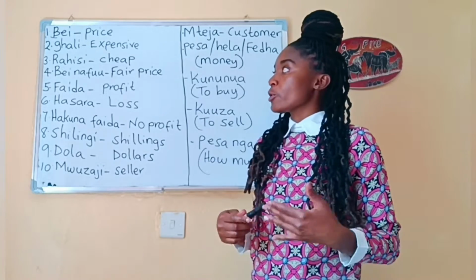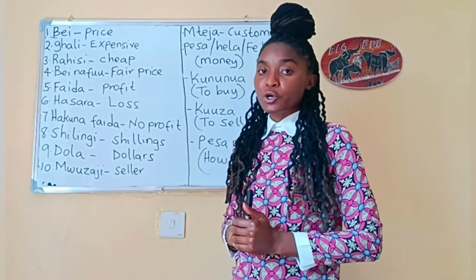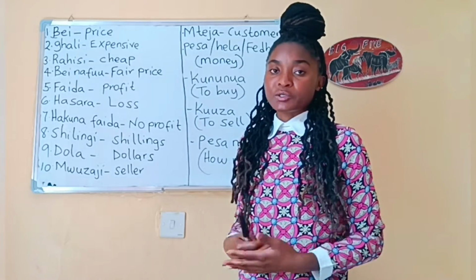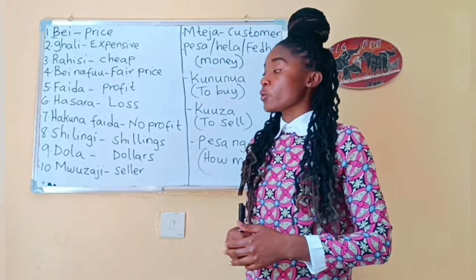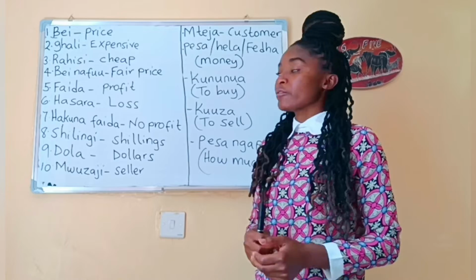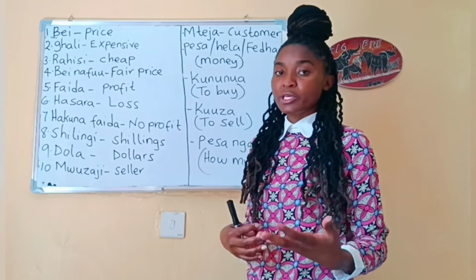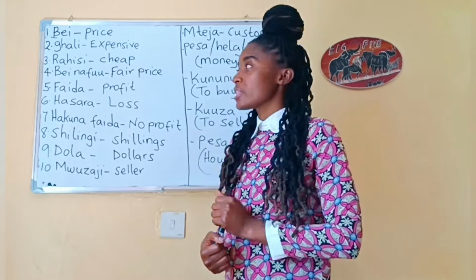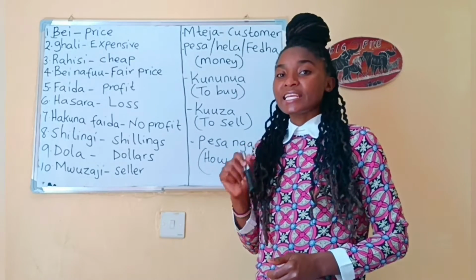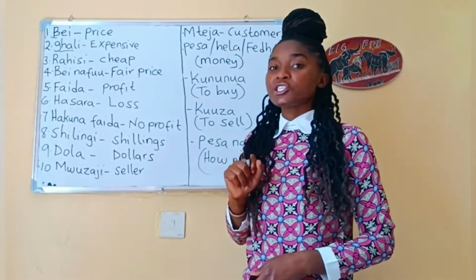So bei is the price of a commodity or the price of something that you want to buy. Okay, so we can have different prices for different commodities. Some are expensive, some are cheap. Let's begin with expensive. If the price is expensive, then we say gali. This word here, it's a GH with GHA.